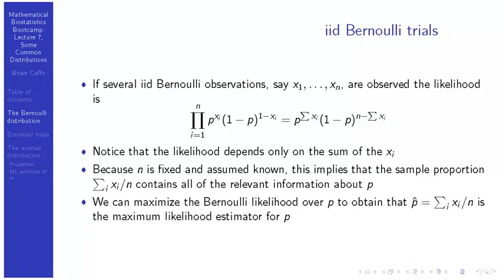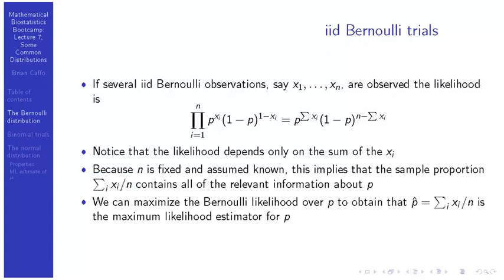It doesn't matter what order the heads or tails occurred as far as information contained in the data about the parameter p. Because n is fixed and assumed known, the sample proportion contains all the relevant information you need to know about p insofar as the likelihood codifies it, simply because summation xi and summation xi over n are one to one.